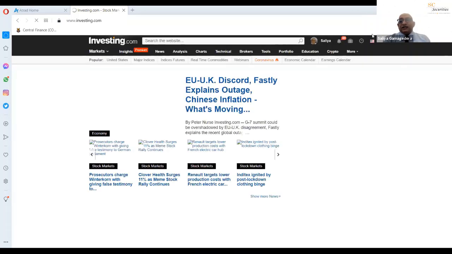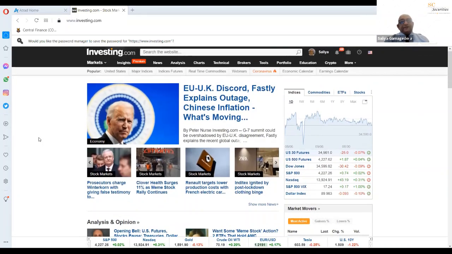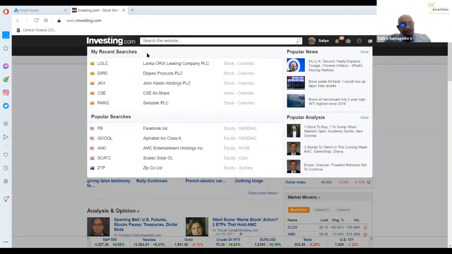Once you are in the website, this is the main page that you're getting, right? In order for us to access the respective charts that we want, we go to the search menu like this, and let's first of all go to the all share index.